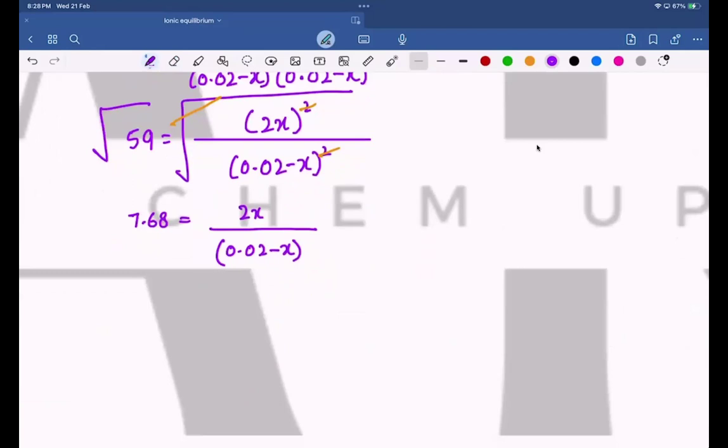Now, if I move the denominator to the opposite side, it will come into the numerator. So 7.68 is going to multiply by 0.02 and also with minus x. Can anyone multiply 7.68 by 0.02 and tell me the answer?